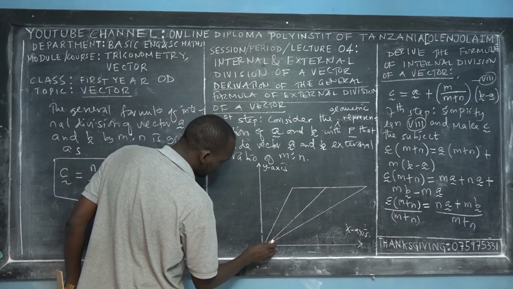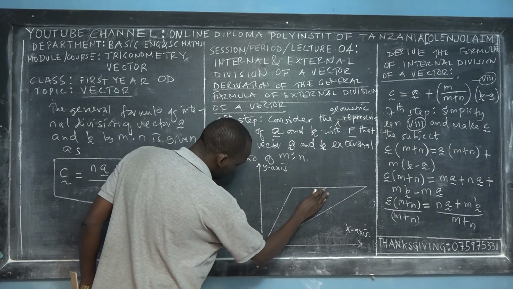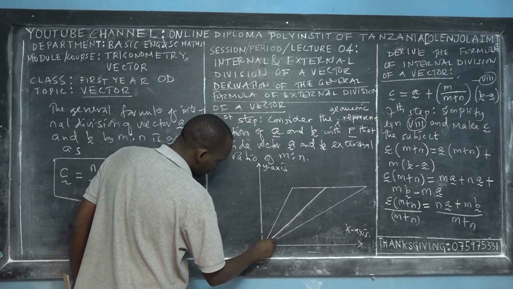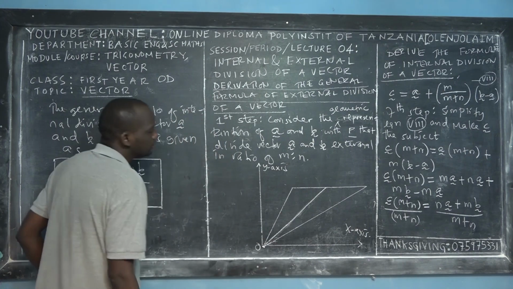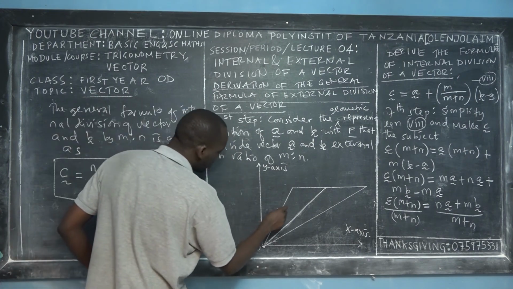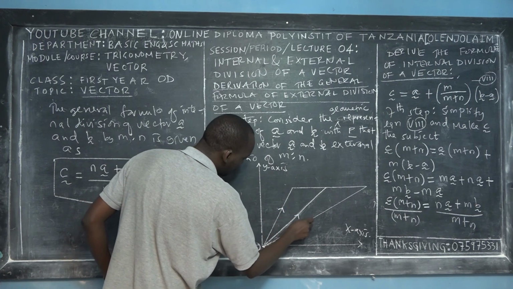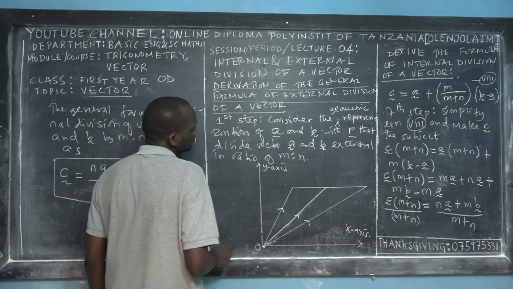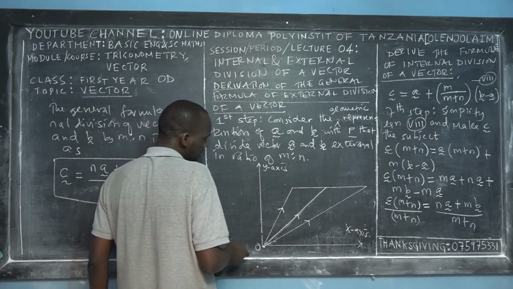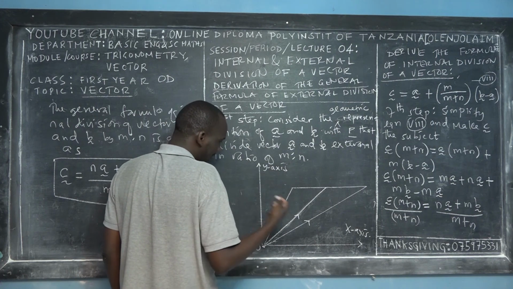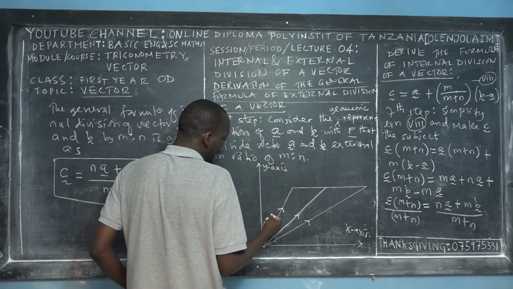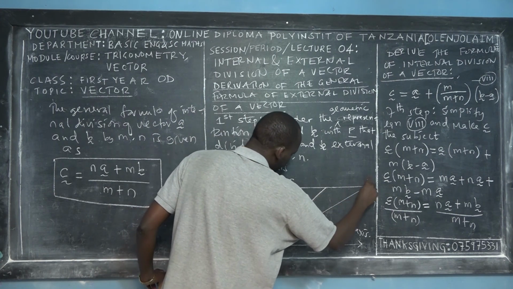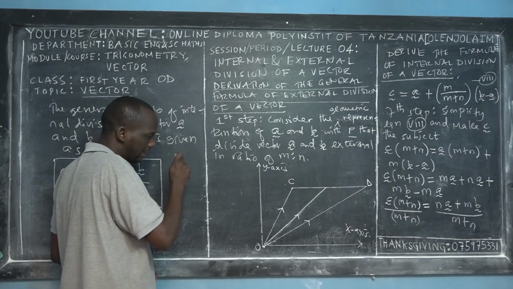So here we have our three position vectors, and also we have our displacement vector. Let us suppose that this is point C and this is point D. Listen carefully.